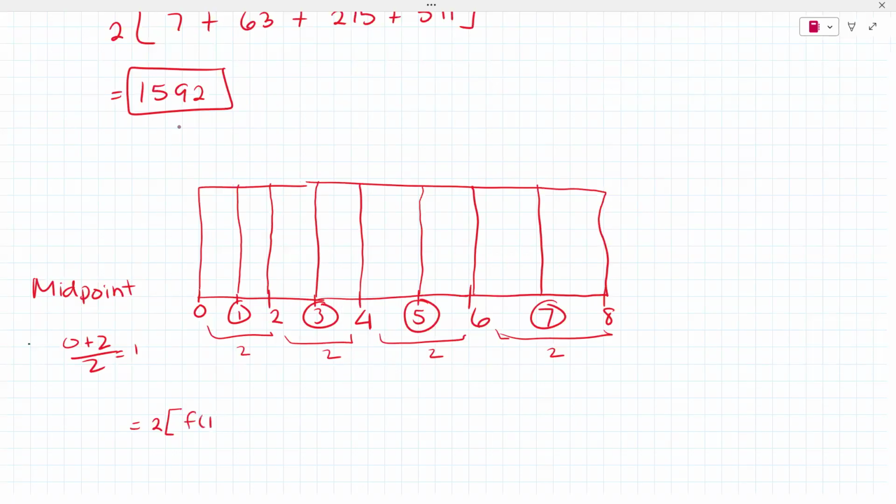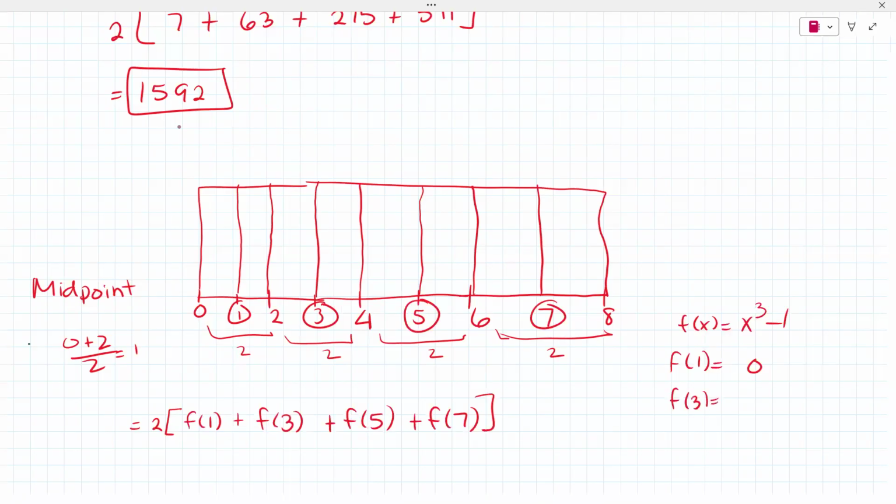So f of 1, 3, 5, and 7. And what do you get? So our function is f of x equals x cubed minus 1. So f of 1 is 1 cubed is 1, minus 1 is 0. F of 3 is 26.